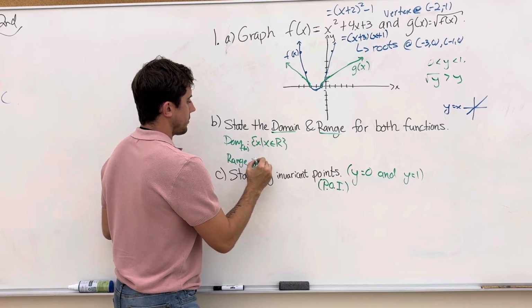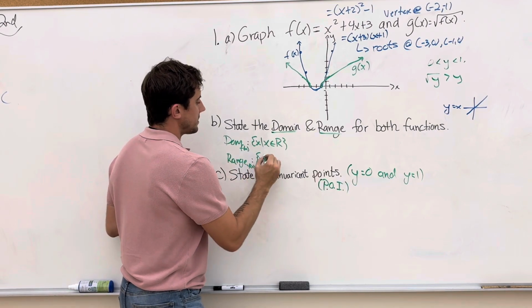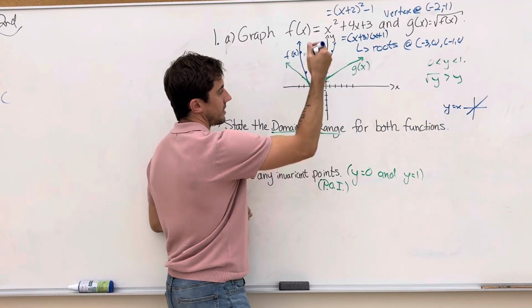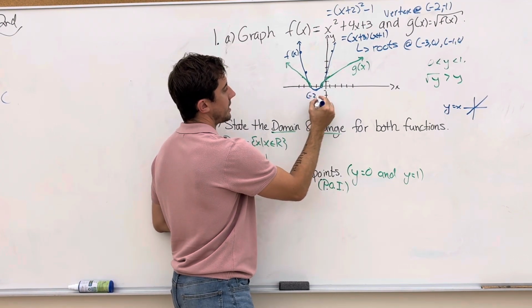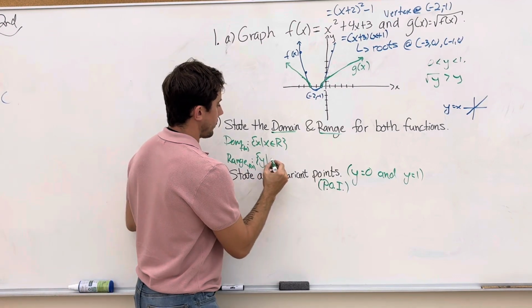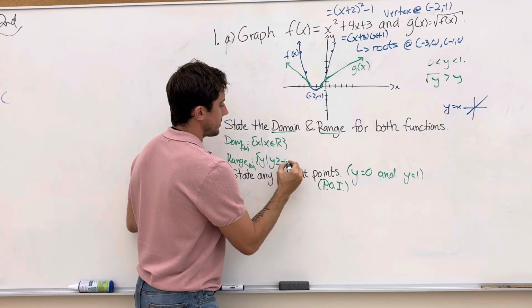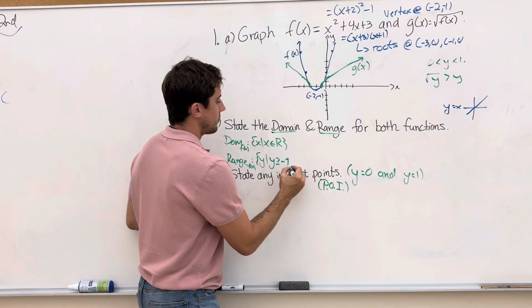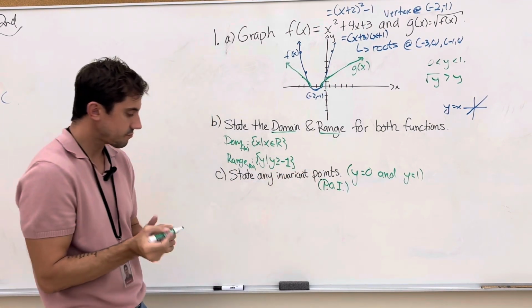And so the range of f of x will be the set of y values where y can be anything on the vertex and up. The vertex again was at -2, -1. And so our range is y can be anything greater than or equal to -1, like so.